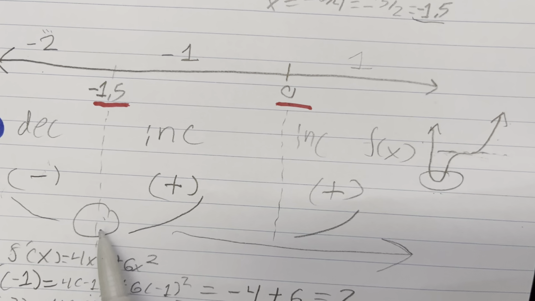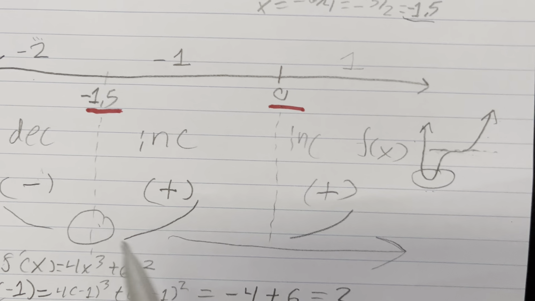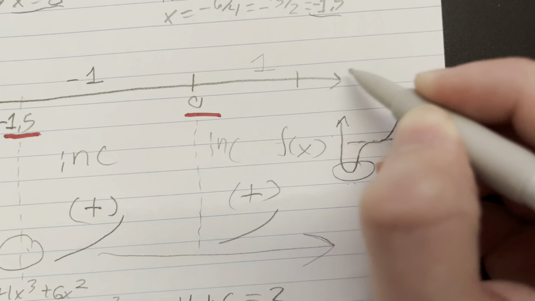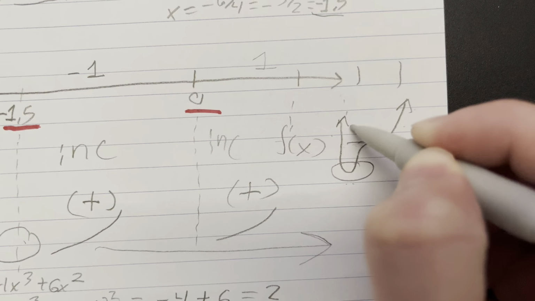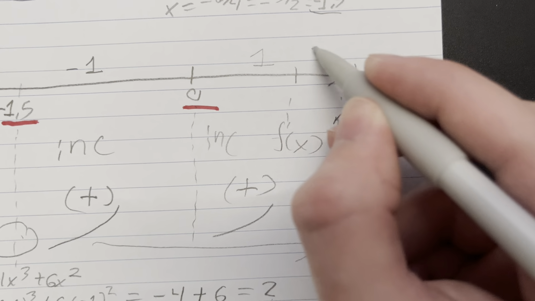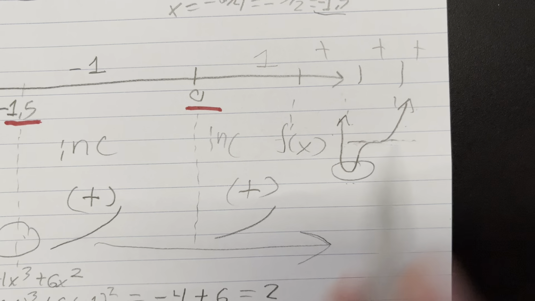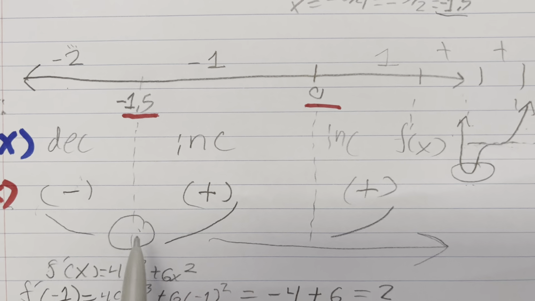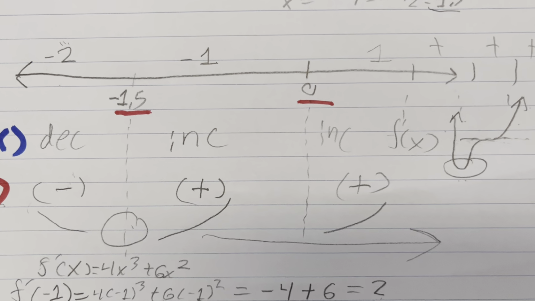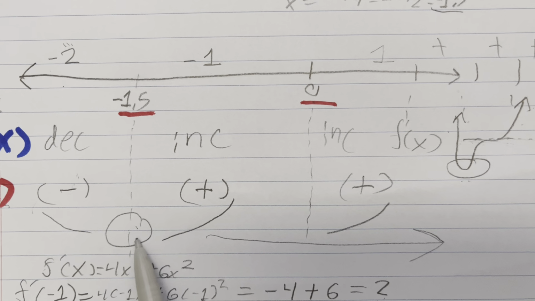This applies to every function, right? Let me try to simplify it down. Let's say we had 8 more critical numbers, right? Sorry for my sloppy drawing here, but the derivative was positive for all of them, meaning the function increases everywhere past this. We could conclude the same thing, that this is an absolute minimum.